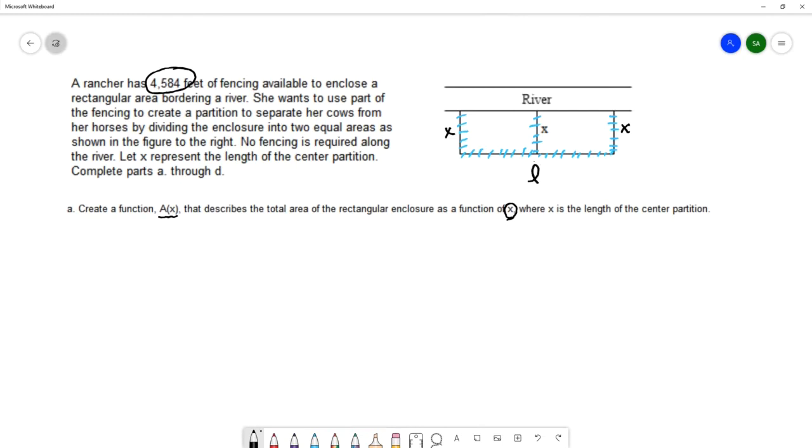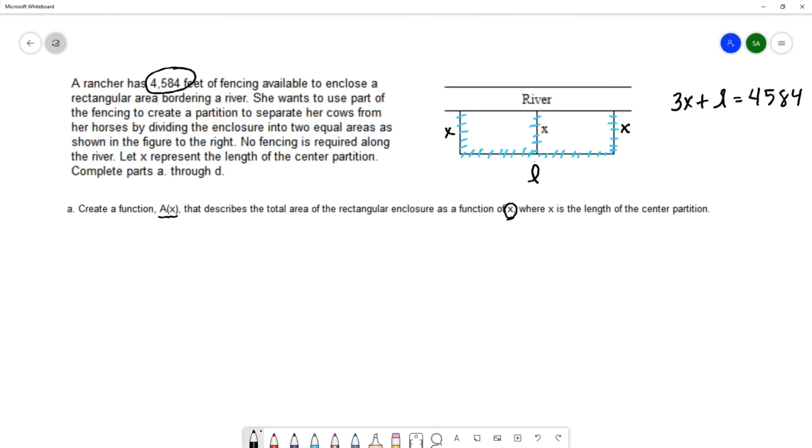And I'm putting fencing up on these 4 sides. So that's 3 of the x's and that 1 length. And I'm going to use all of the fencing, so if I add these up together, I'll get 4,584.